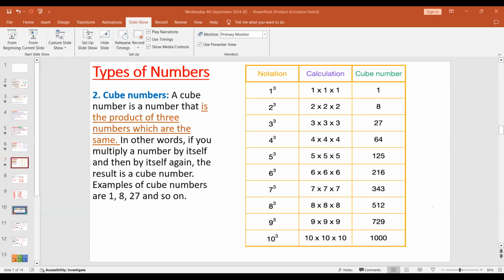Then we're going to perform basic arithmetic operations with squares and cubes and their roots. Then we're going to apply order of operations to evaluate mathematical expressions correctly. Then we're going to solve numerical expressions involving powers and exponents efficiently.